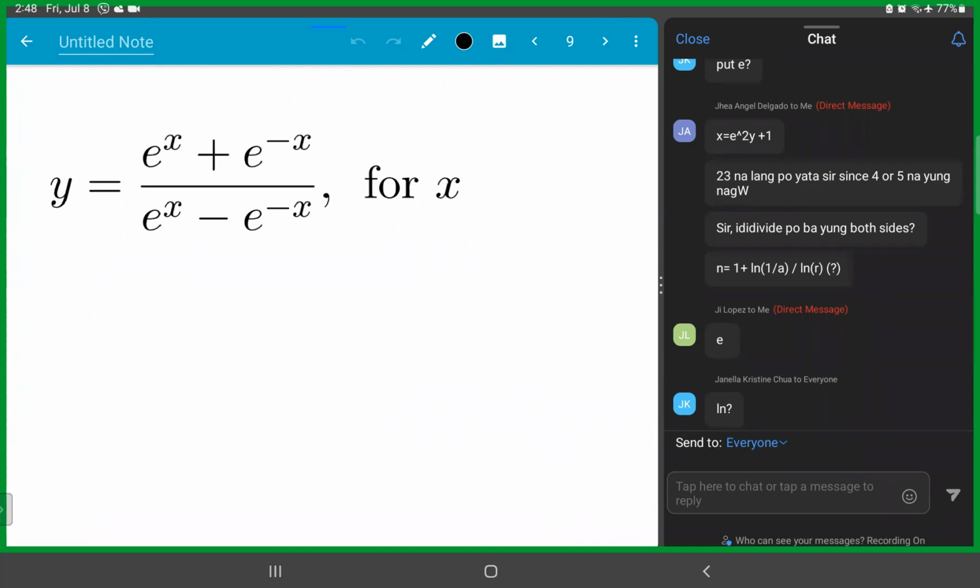Okay, now that we have discussed several solutions or methods, can you tell me the approach that you will use in order to solve this equation for x? In words, what would you do?